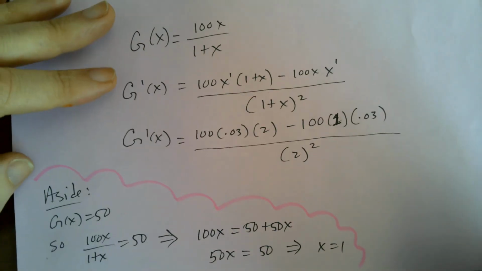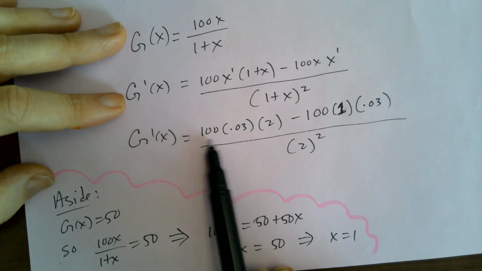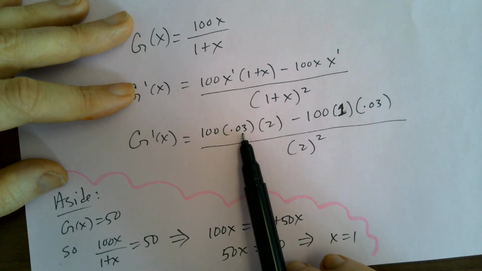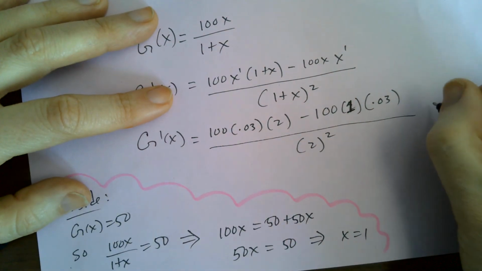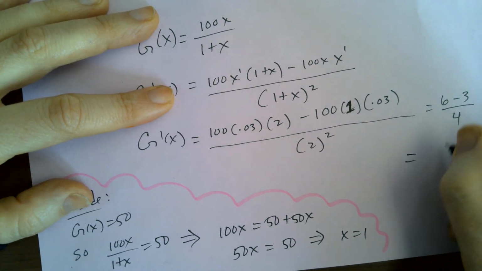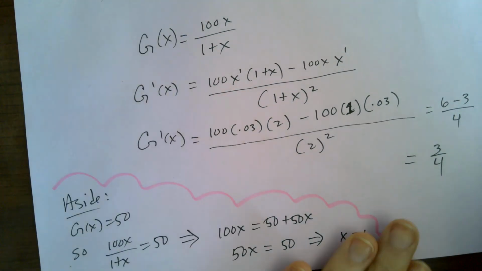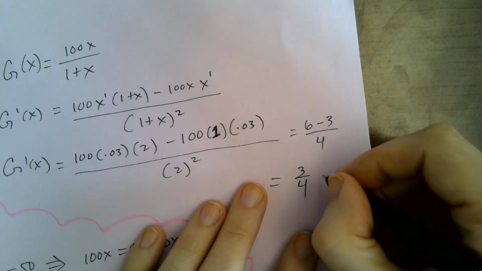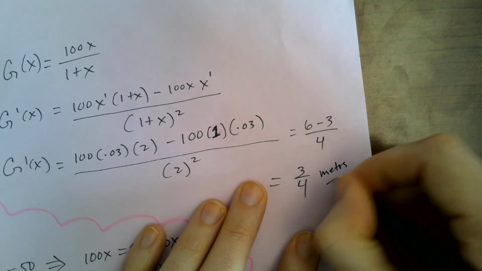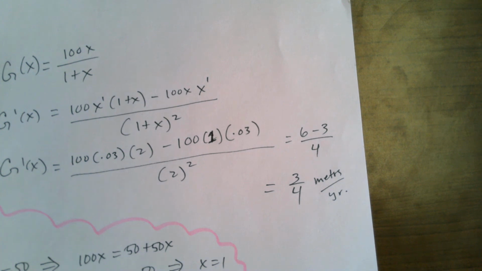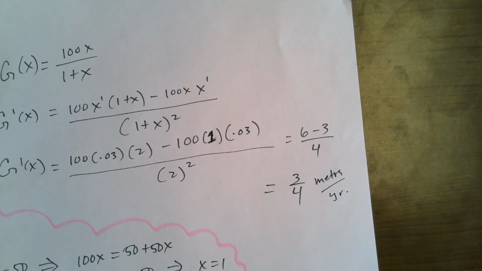Okay, and then, guys, the 0.03 times 100 is 3. So we end up getting 6 minus 3 over 4, which is 3/4, and then what is this? Meters per year. Alrighty, guys, that was a doozy, but super, super satisfying once you get it. All right, I'll talk to you later.